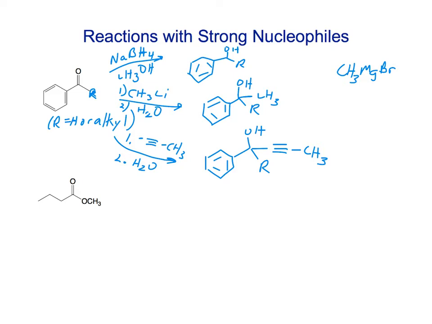Okay? All right, so what if we go down to the ester? What if we just follow some of the same things here? What if we use sodium borohydride in methanol?